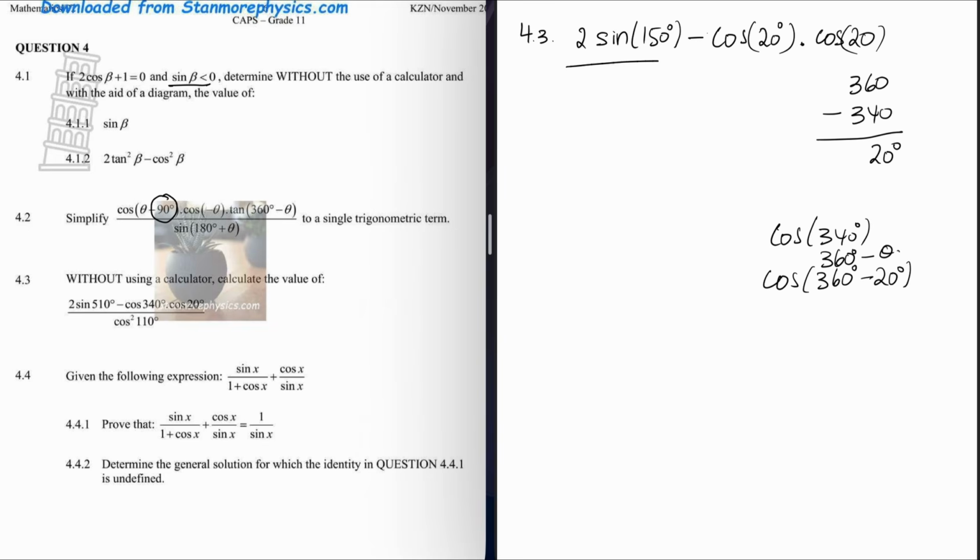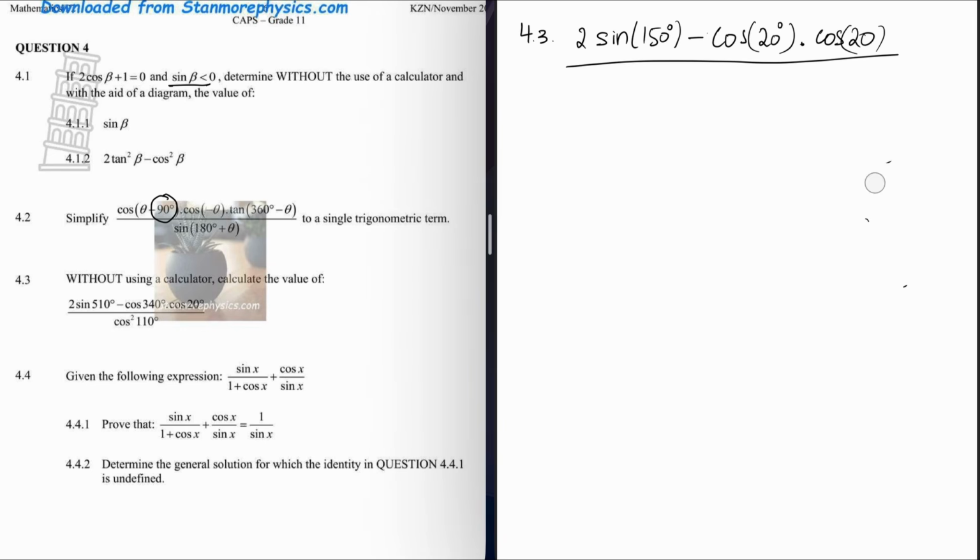And that's all going to be divided now by cos of 110 degrees. So cos squared 110 degrees. Now let's work on the sine of 150. So sine of 150 can be rewritten as the following.